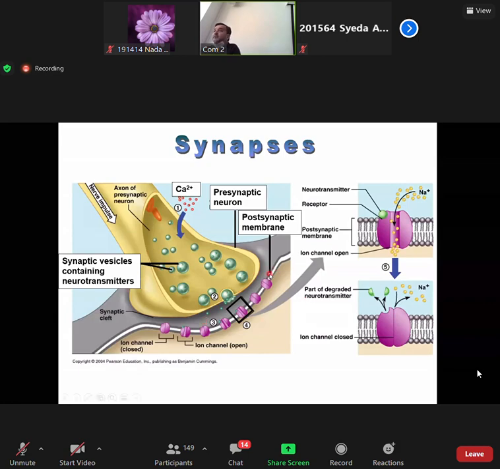The other syndrome which you should remember is Eaton-Lambert syndrome, because Eaton-Lambert syndrome would also present with muscle fatigue. But what happens in Eaton-Lambert syndrome is that the antibodies are against the calcium channels. So there is a continuous influx of calcium, and as a result, these neurotransmitters are continuously released.